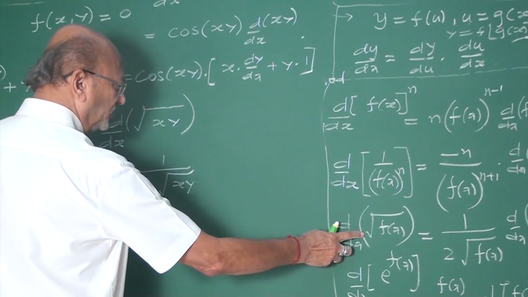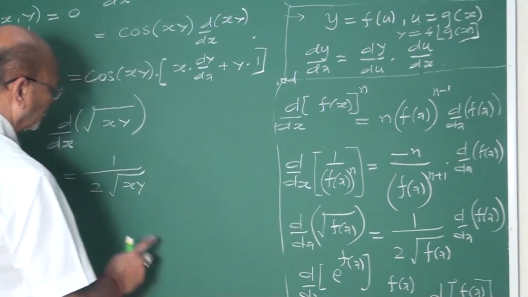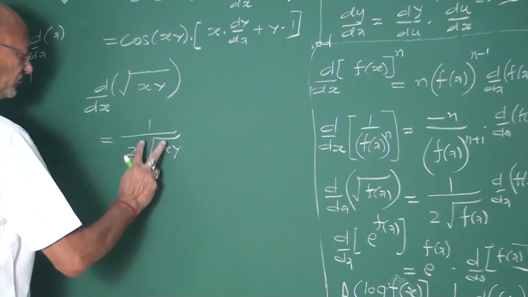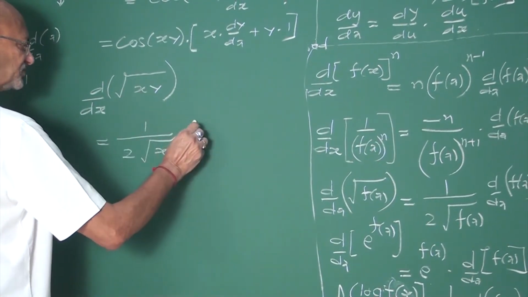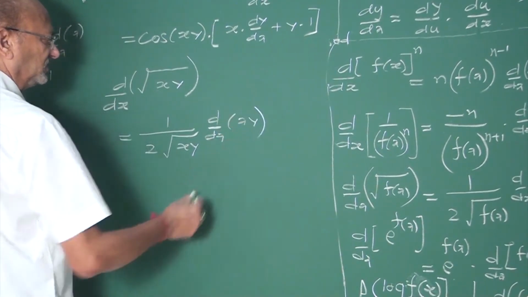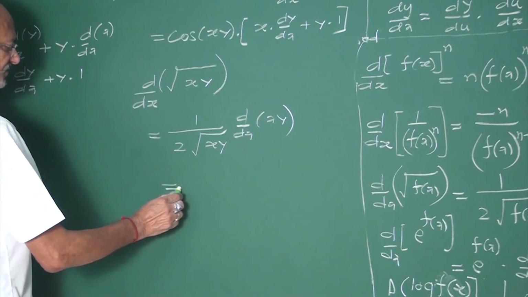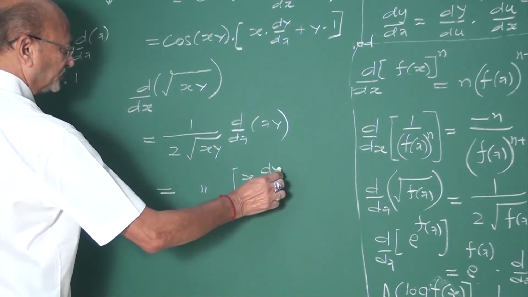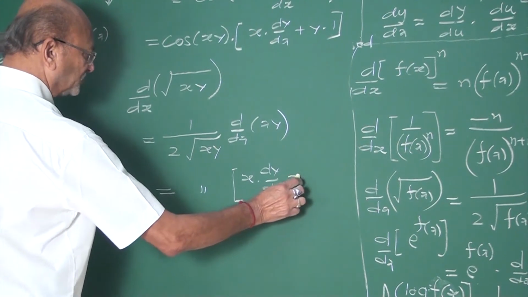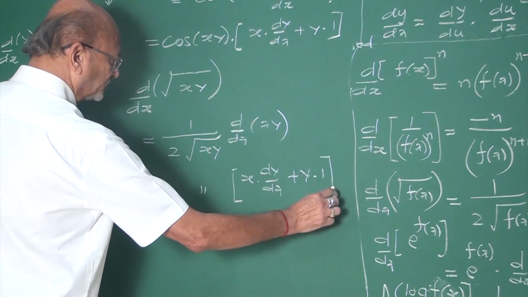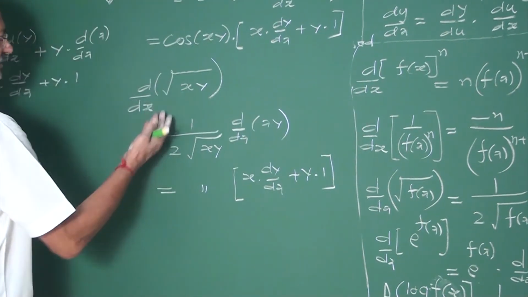The derivative of root f(x) is 1 by 2 root f(x). This is your function, 1 by 2, the function as it is. Is it x? No. Write its derivative. The derivative of xy: yes, my friend, what is this? Same thing, bracket. x into derivative of y is dy by dx, plus y into derivative of x with respect to x is 1. This is the derivative of this.